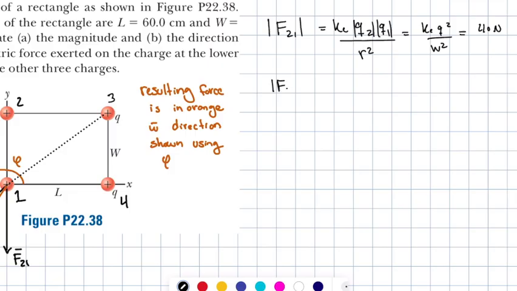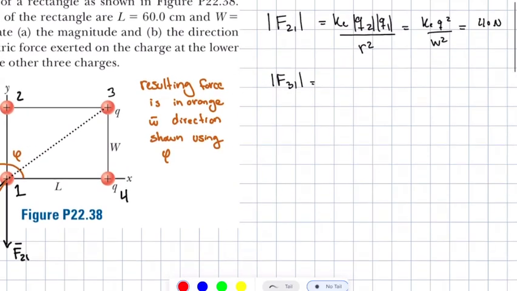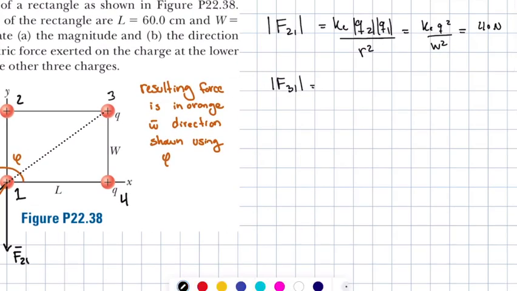Now for F31 here, that's what is the force exerted by charge number 3 on charge number 1. And they are spaced by this distance here away. So they're on the diagonal. They both have the same charge Q, so it's going to be the same thing, Q squared. And then here it's going to be the square root of L squared plus W squared.